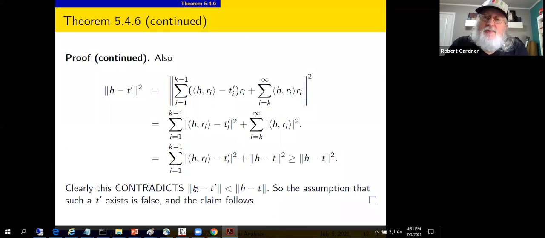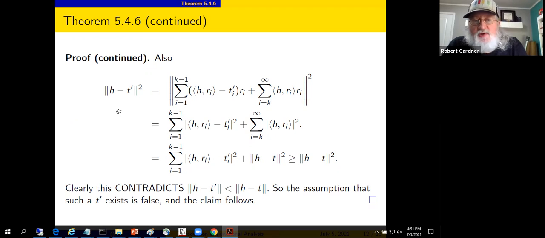So we'll substitute for that norm of h minus t squared. All right, and so what we have then is this stuff plus norm of h minus t squared. Well, this stuff is at least 0 because it's a sum of a bunch of squares of moduli. So this term here is greater than or equal to the norm of h minus t squared.